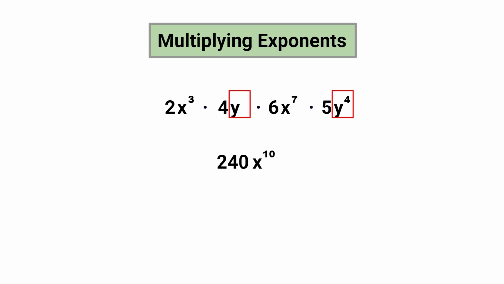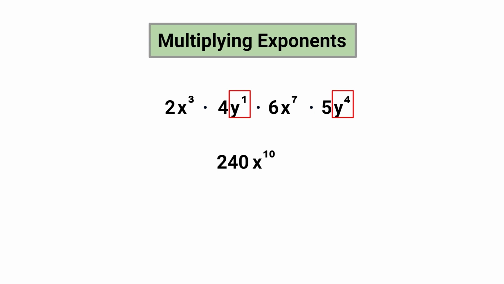And next, let's solve the terms with the variable y. Now, you'll notice the first y term doesn't have an exponent. Now, a number or a variable that appears to have no exponent really has an exponent of 1. And the reason the exponent 1 is unwritten is because we don't really need to write it, since anything to the power of 1 is equal to whatever that number is.